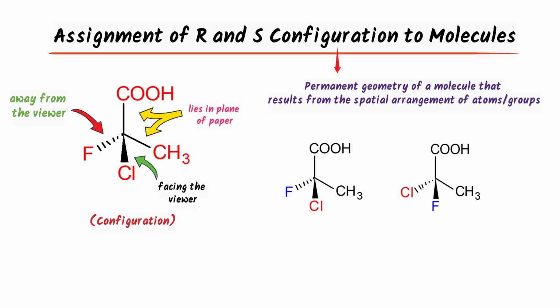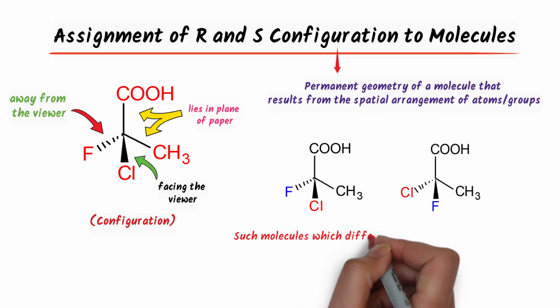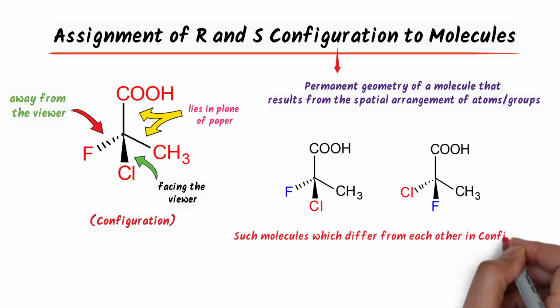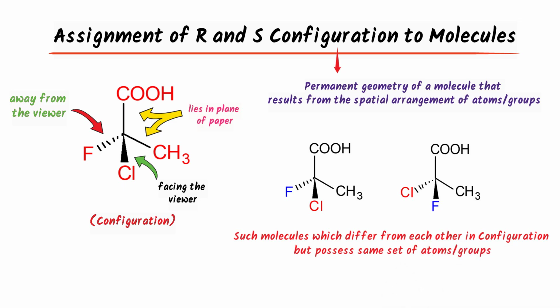So, as the two molecules differ in the spatial arrangement of those atoms or groups around that central carbon, they have different configurations, though they have the same set of atoms. Such molecules, which differ from each other in configuration but possess the same set of atoms or groups, we call stereoisomers. Now, how can we differentiate the two isomers?